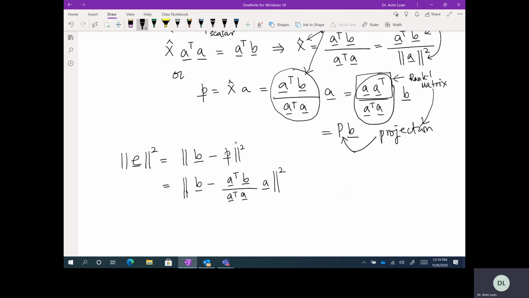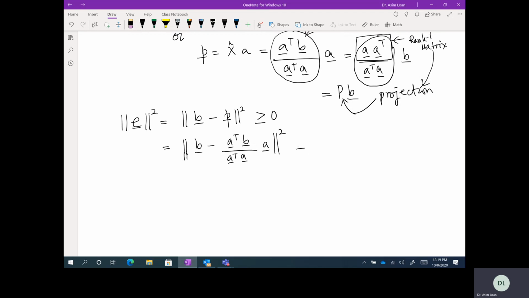This is the distance. Obviously this is greater or equal to 0. I'm not going to write this all the time, but just to tell you that this is a distance, so this is the norm squared, so obviously this is a positive number.